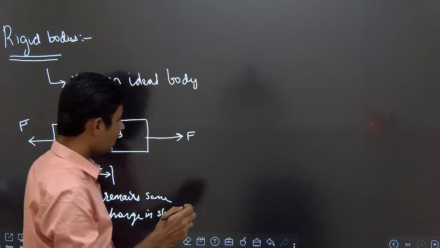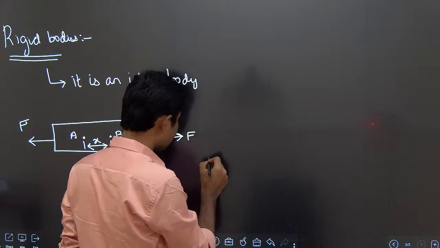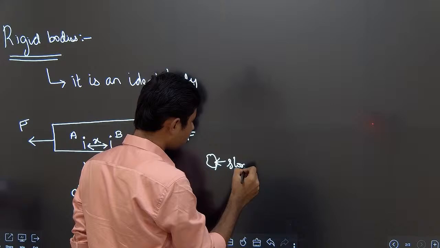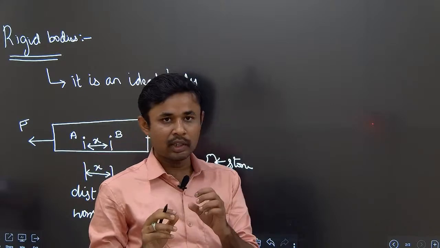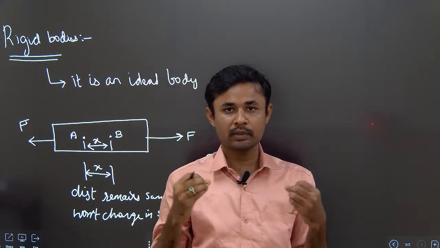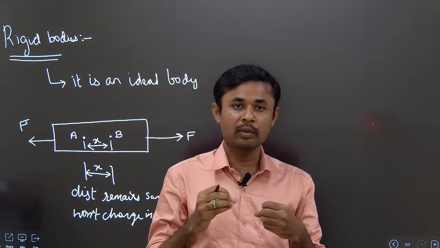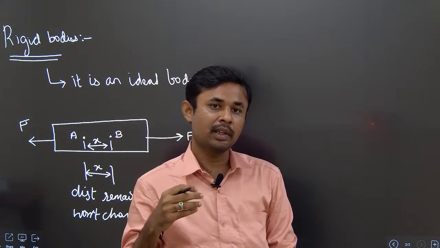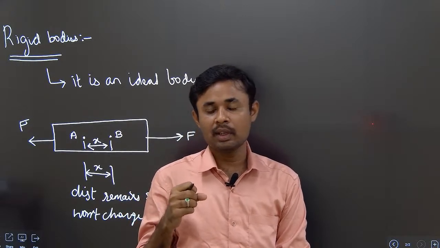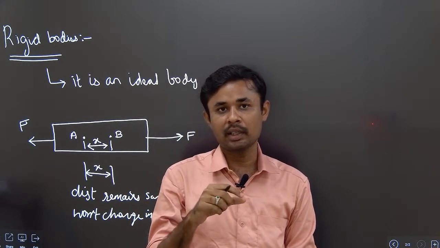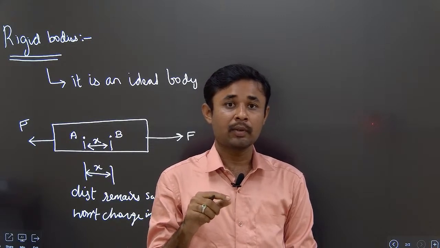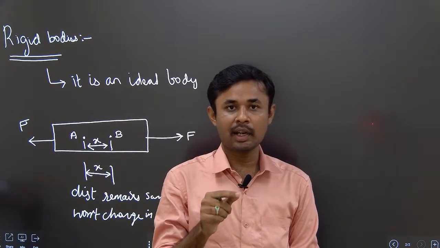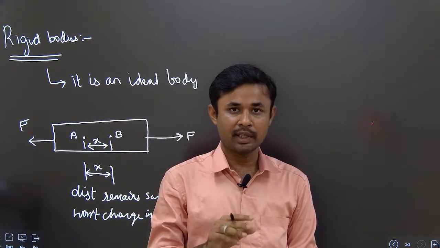For example, consider a stone, and you have applied a force on both sides of the stone. It may not deform or change its shape as we are applying the force with our hands, but when the stone comes under the road roller, the stone will definitely fail and it will fracture.